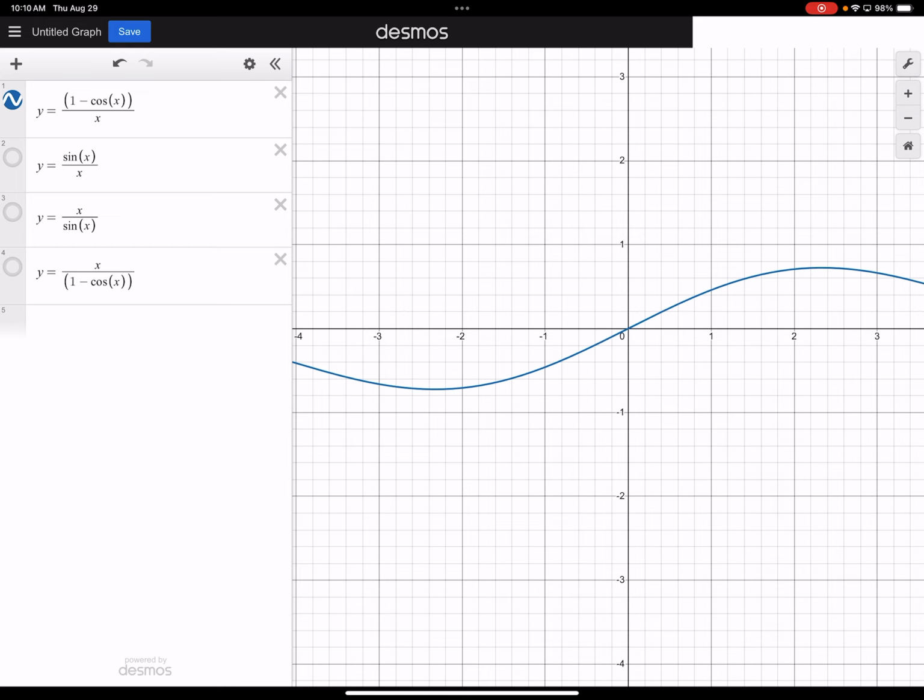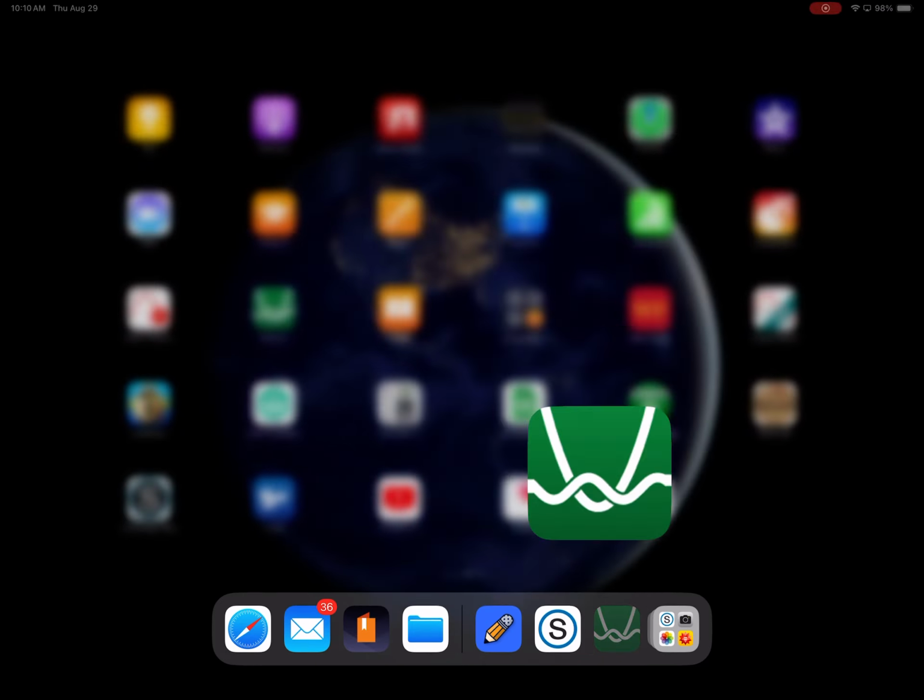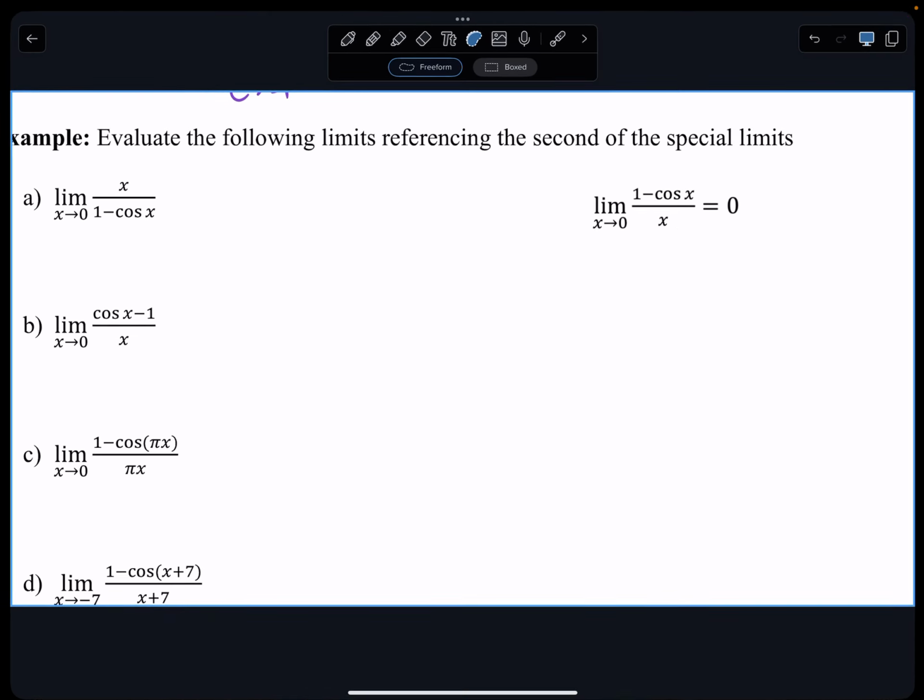So it should make sense that the reciprocal increases and decreases without bound, like there's a vertical asymptote. Instead of there being a hole, like in the special trig limit function, the reciprocal has an asymptote.